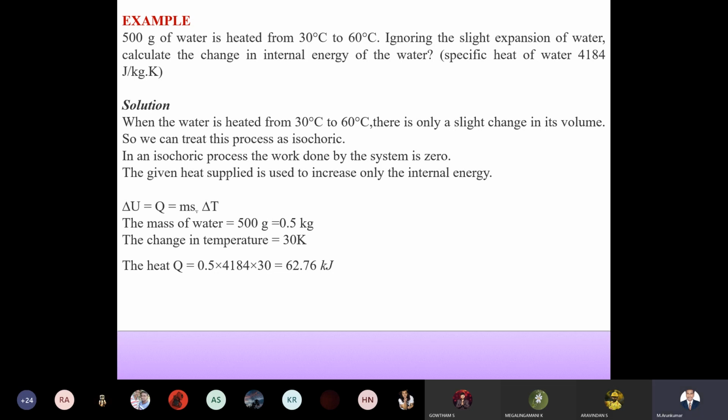So we can substitute and find the value of Q. If you substitute the mass in kg and the temperature in Kelvin, then we can find the value for Q, that is equal to the value of delta U. So the internal energy here is 62.76 kilojoule. So we can calculate by using the equations. Just keep the equations in mind.